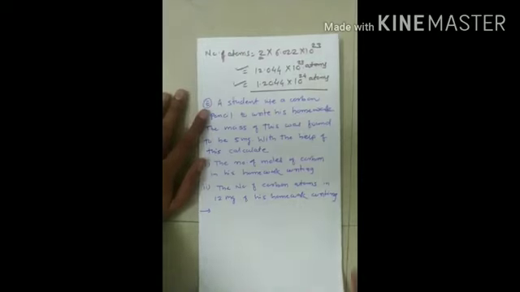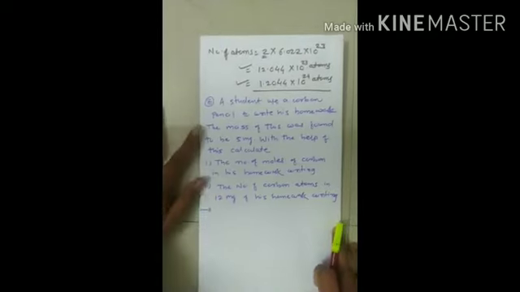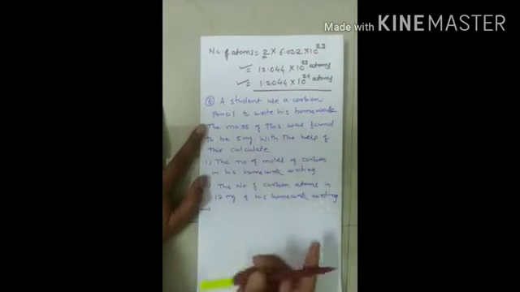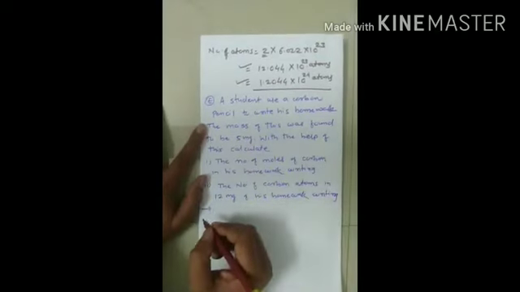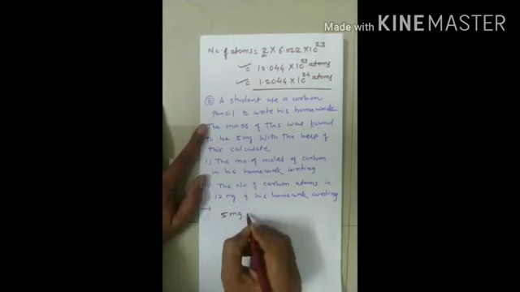If you read the question, you will come to know the first data given is 5 milligram of carbon. The mass of this carbon pencil is found to be 5 milligram. So what does 5 milligram of carbon mean?